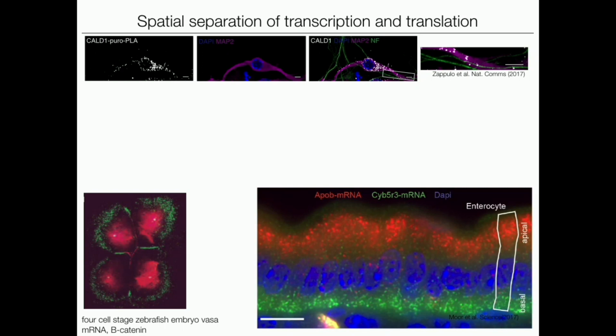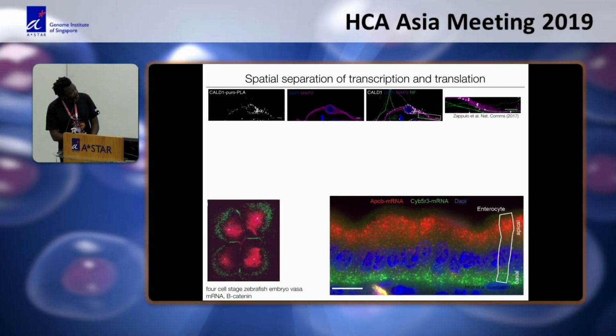We see that really clearly in different examples, for example in neurons, or in cell division and development, or here, which is a really interesting case study where you have a change in the positioning of this RNA, ApoB, depending on the prandial state of this mouse.